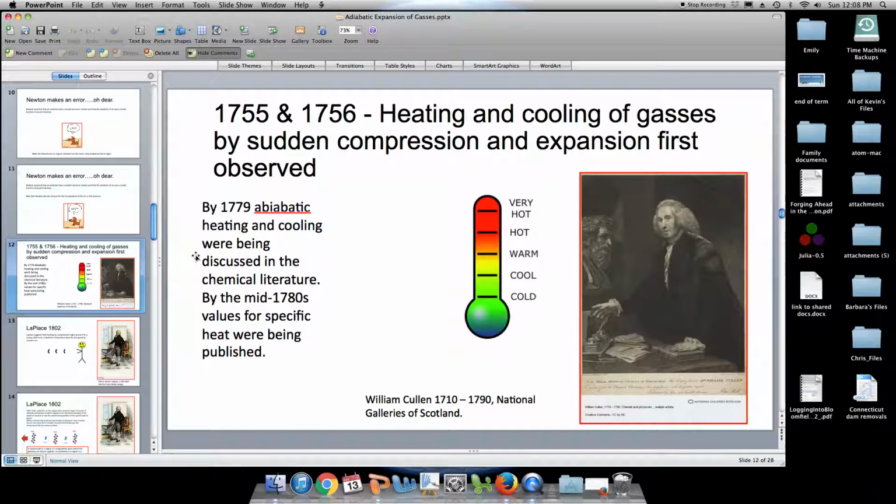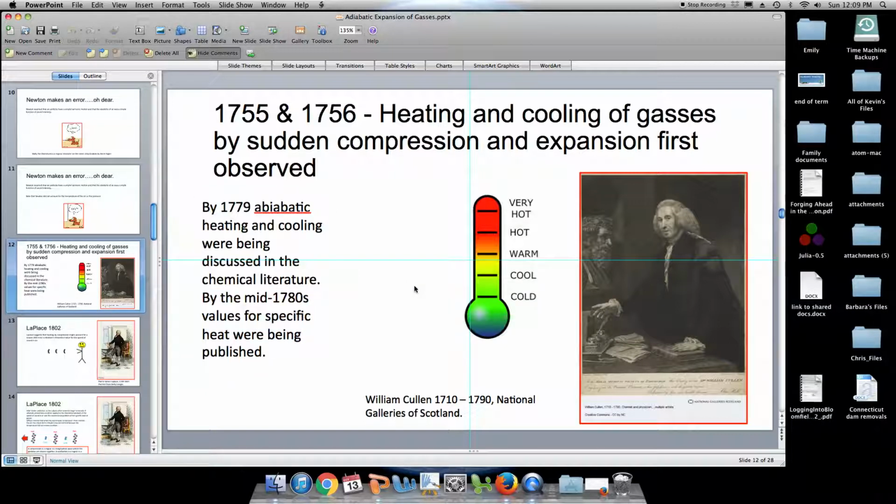And the gas would get hot, and the gas would cool off without the transfer of heat from the surrounding environment. In other words, it would do it adiabatically. So by 1779, adiabatic heating and cooling were being discussed in the chemical literature, and by the mid-1780s, values for specific heat were being published.